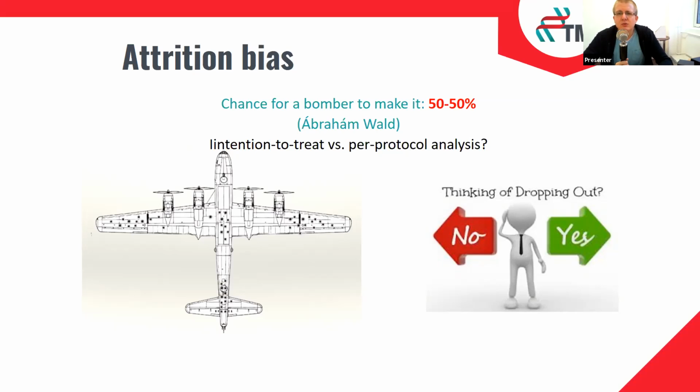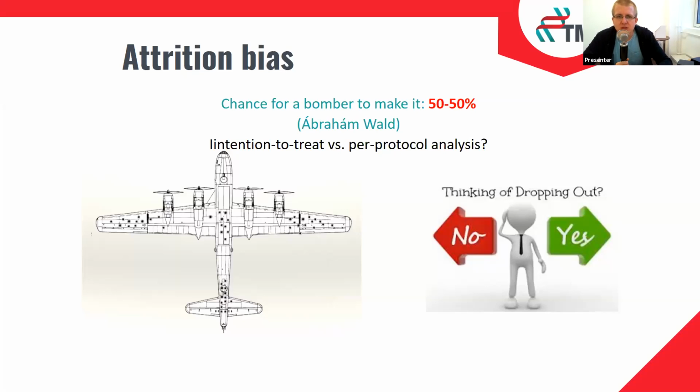How can you prevent it from happening? Well, blinding is worth nothing in this scenario. But as David mentioned before, we can apply intention-to-treat analysis instead of the per protocol analysis. Per protocol includes only those who received the intervention, while we have the available outcomes as well, while intention-to-treat analysis includes all the participants randomized.